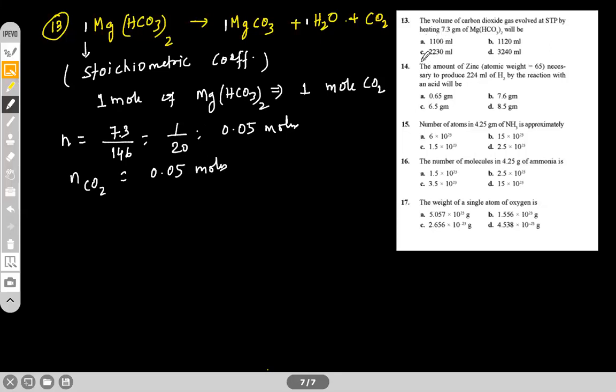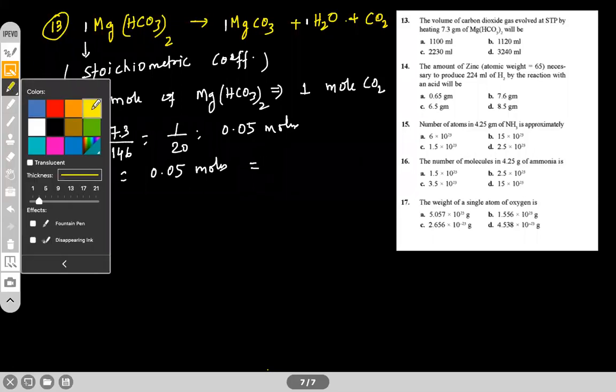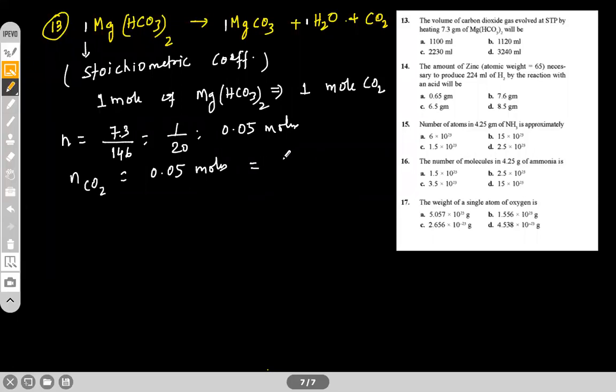But we need to find out the volume of this. So these many moles equal the volume occupied by the gas divided by the molar volume, which is 22.4 liters, or in ml, because the options are in ml.